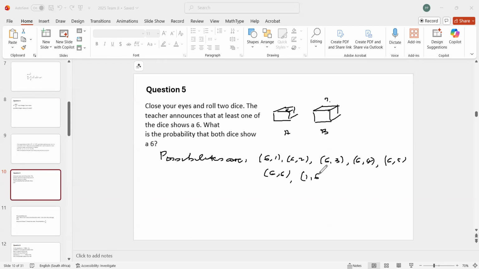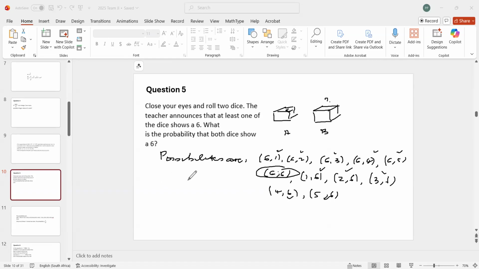So there you will have 1-6 or 2-6 or 3-6 or 4-6 or 5-6. I've already counted 6-6. But you want to know what is the probability that both dice show 6. So there's only one case here, obviously, where they both show 6. And there are 1, 2, 3, 4, 5, 6, 7, 8, 9, 10, 11. So there are 11 possibilities.